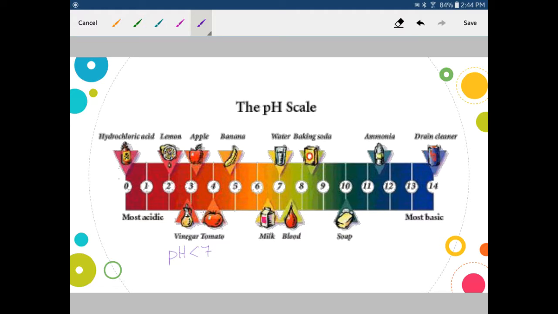And our basic entities have a pH of greater than 7. Notice that right in the middle is our neutral entities, which have a pH of 7. So water is neutral, something acidic like hydrochloric acid has a very low pH, and something like a drain cleaner or sodium hydroxide has a very high pH.